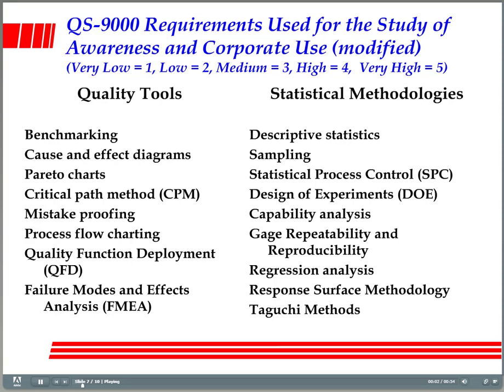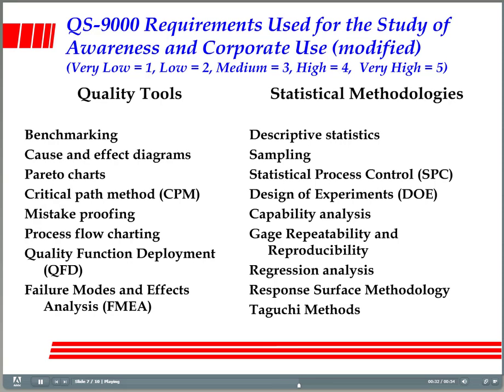The next example of regression comes from some research I did where I surveyed executives in the automobile industry about their awareness and use of quality tools and statistical methods. So they were asked on a scale of 1 to 5 how aware they were of each of these quality tools and how much they felt they were being used within the company.